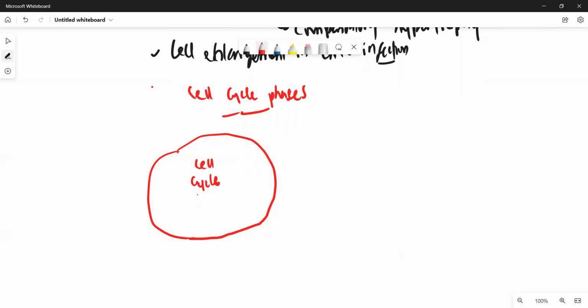So we have what we call the G phases. Let me use the black. There's the G1 phase. Next, we have the S phase, and during S phase is when the DNA synthesis takes place.